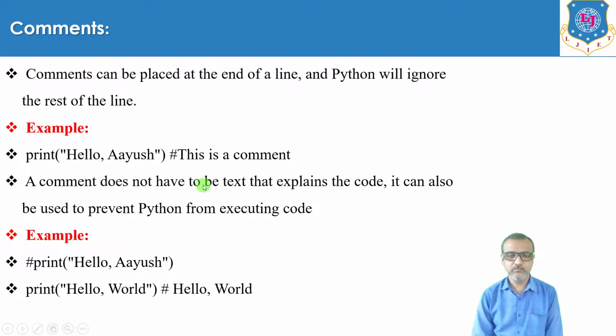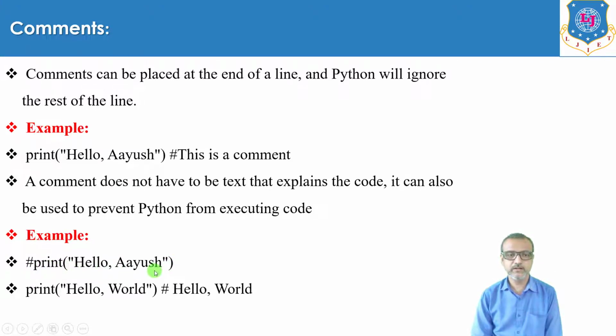A comment does not have to be text that explains the code. It can also be used to prevent Python from executing code. What is the meaning of this statement? I will make you understand with the help of an example. If I write print of hello, comma, Ayush, and before this print statement I give this hash sign, this statement will not be executed.